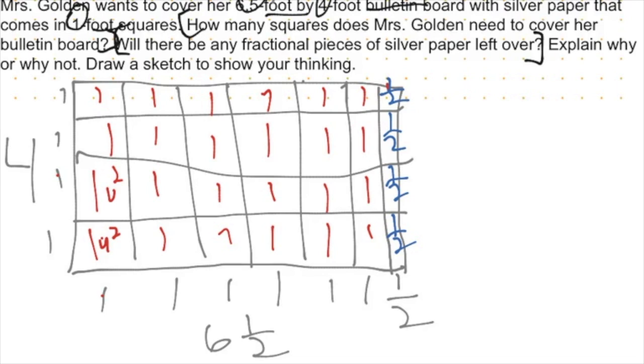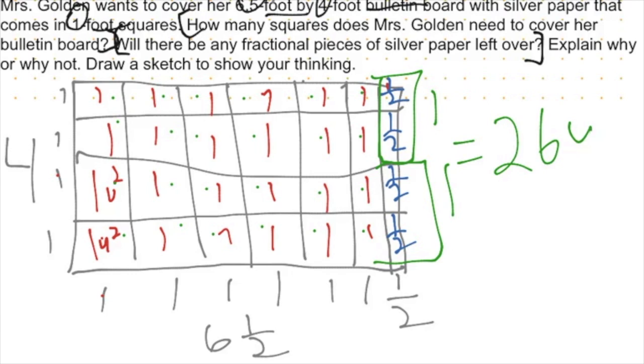We have 1, 2, 3, up to 24. So I have 24 there. And then we know that 2 halves make a whole. 2 halves make a whole. So again, we were at 24, 25, 26 units squared.